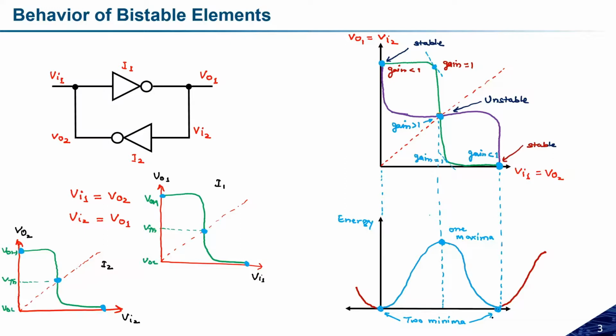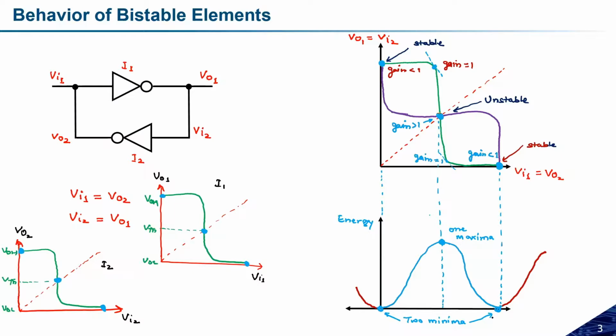So this is how the bistable element and its behavior will look like, where the gain is minimum, where the gain is unity, where gain is maximum, and based on the gain we can decide which point is stable and which one is unstable, and similarly based on that we can consider where we will observe the maximum potential energy and the minimum potential energy.